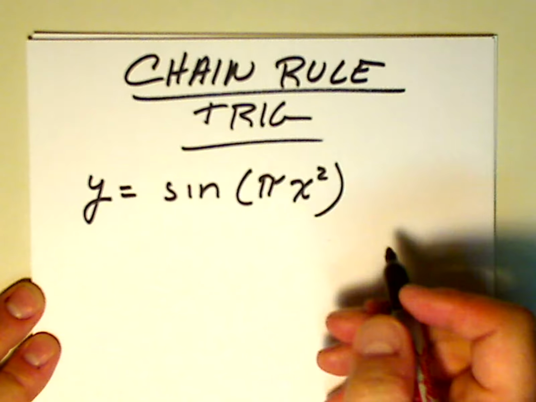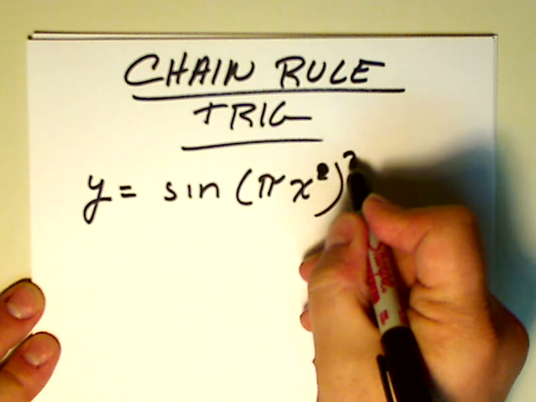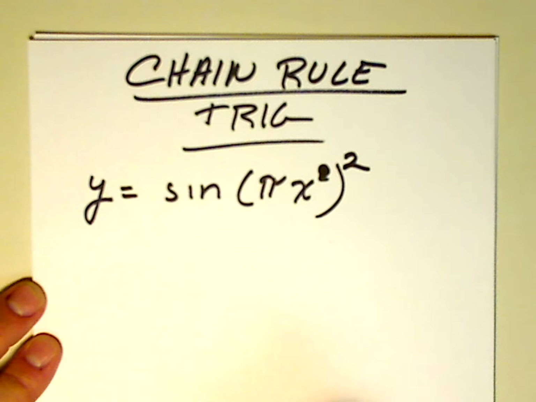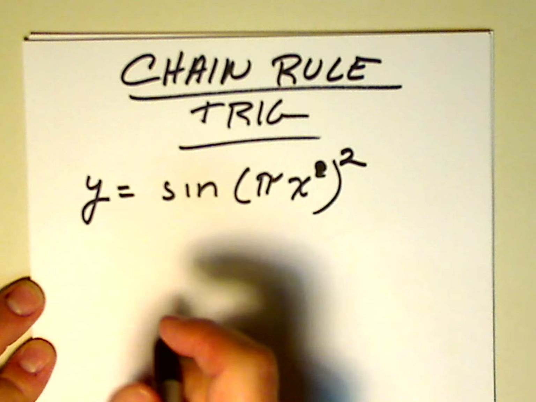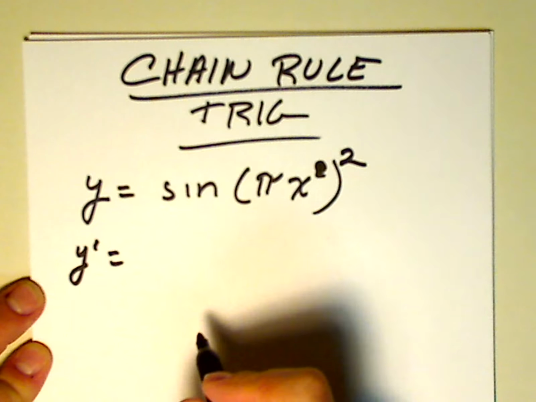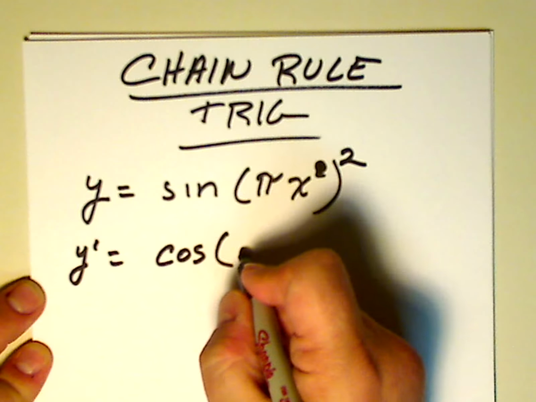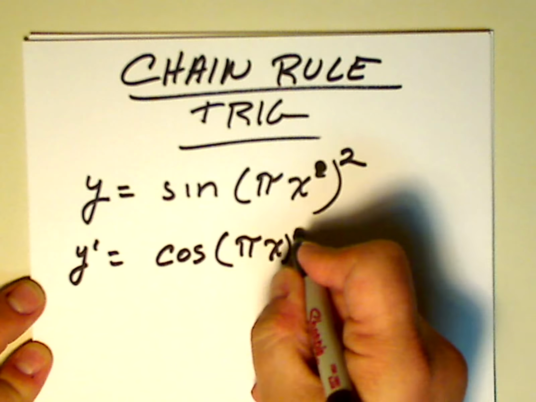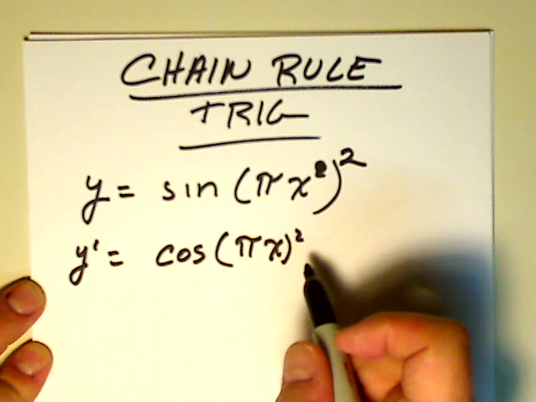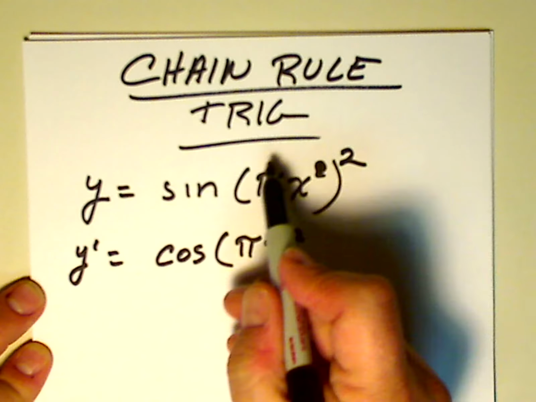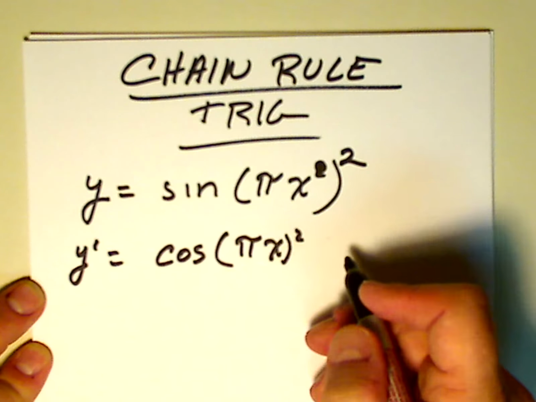Clearly, I wrote this wrong. This is pi x squared this way. So y prime: the derivative of sine is cosine, so it's cosine pi x squared times the derivative of this thing right here, the pi x squared.